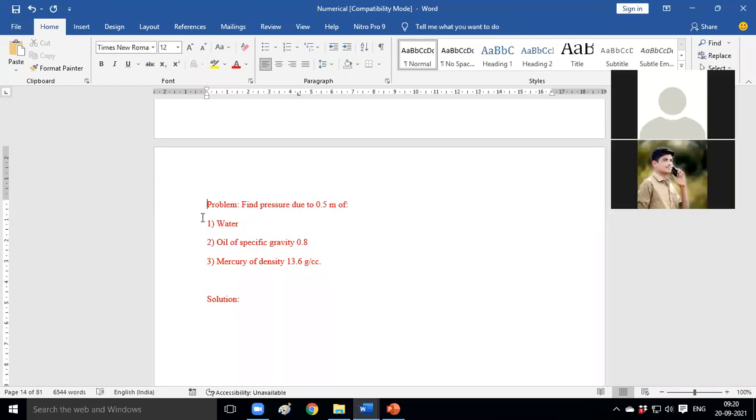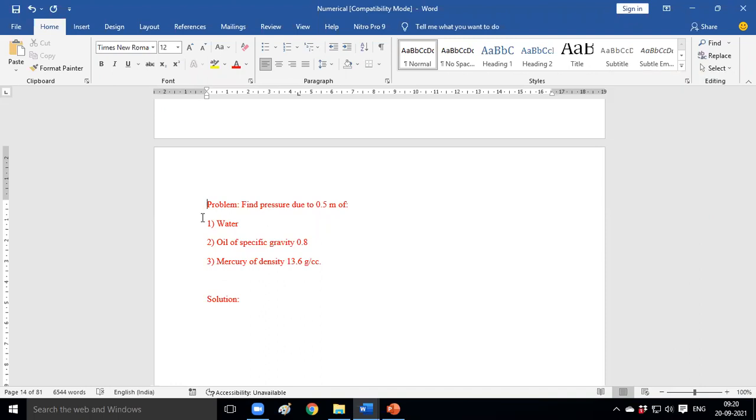We have to find the pressure due to 0.5 meter of water. This 0.5 meter means the height of water is 0.5 meter. Then oil of specific gravity 0.8, and mercury of density 13.6 gram per cc.